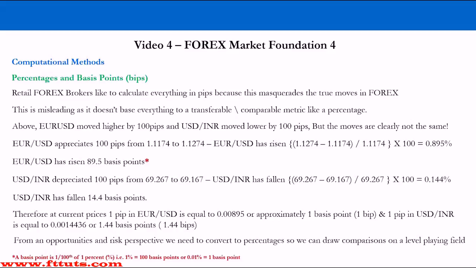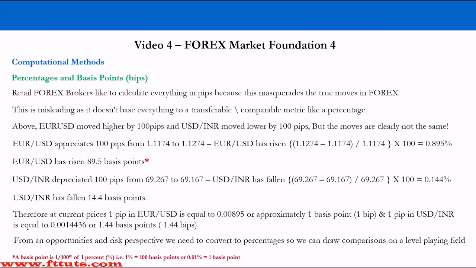So in euro dollar, 1 pip is equal to spot 0.0895. And in dollar rupee, 1 pip is equal to 0.00144436. So it's equal to 1.44 basis points.